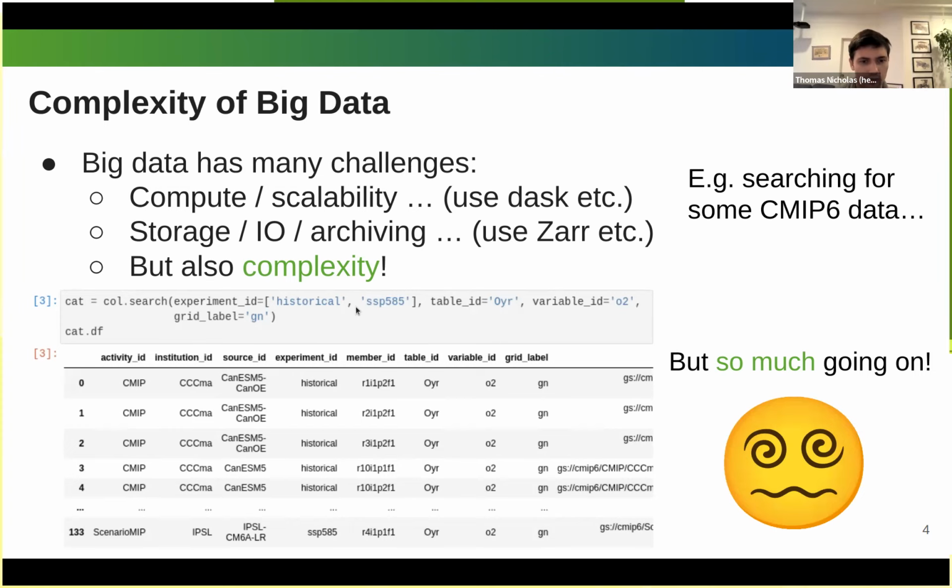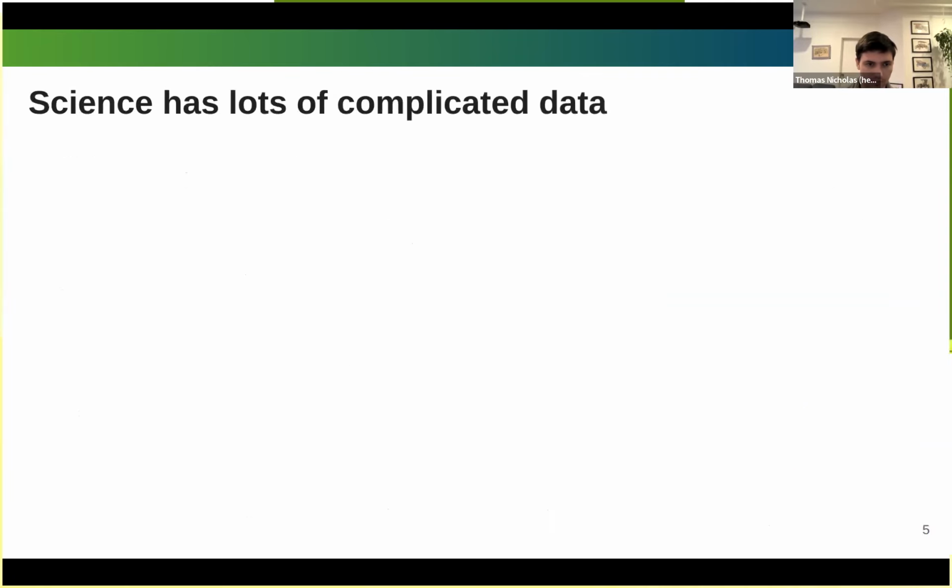Even if you make quite a specific query, you still get hundreds and hundreds of different runs back. This is pretty difficult to keep track of if you want to do science that takes statistics over many of these models. So this is one example of complexity with big data.